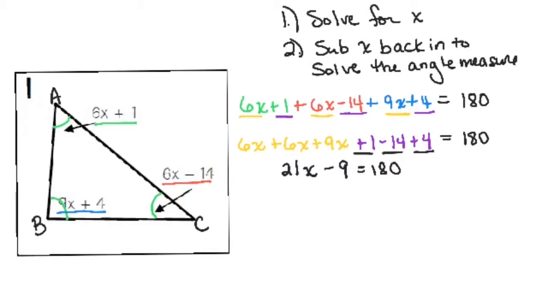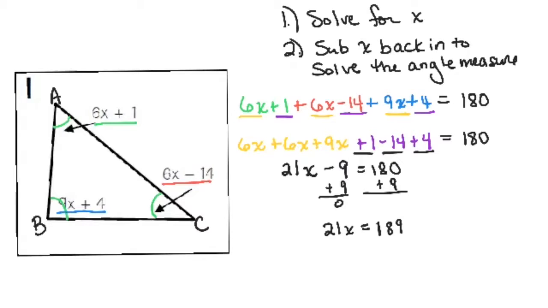So now what do we need to do? Well, we have a variable term and a constant term on one side of the equation, so we're going to zero out this constant term. But what you do to one side, you must do to the other. And now we're down to 21x is equal to 189.